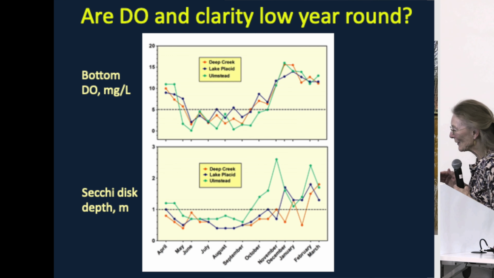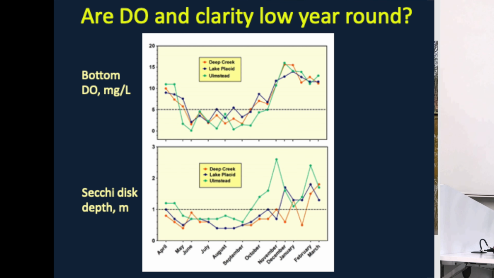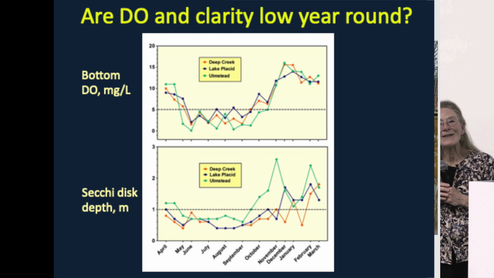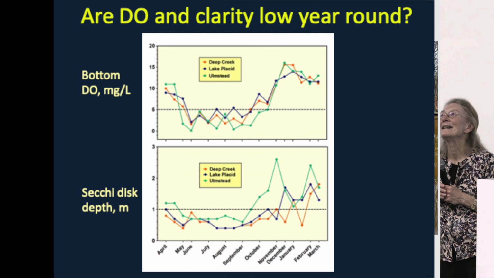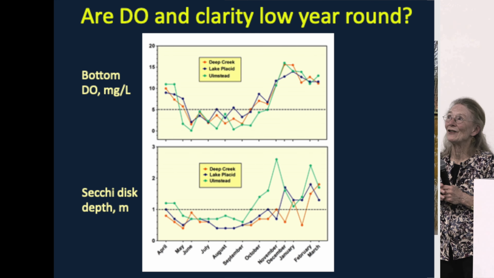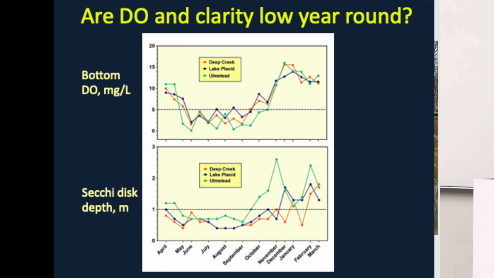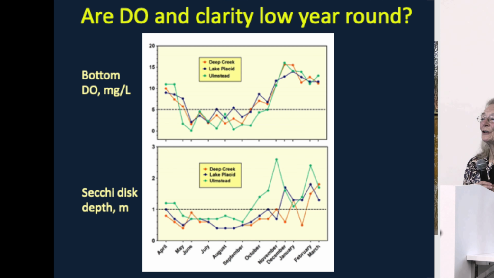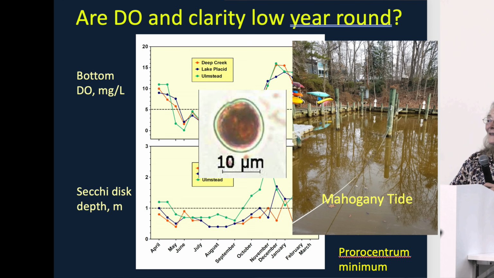This is a site that's close to the main stem. Does anybody here remember what happened on the main stem of the river, or on the creeks also, in December and January of this year? We had mahogany tides. The water looked like that. Now this is the Cattail Creek site. The water looks like that with mahogany tide.